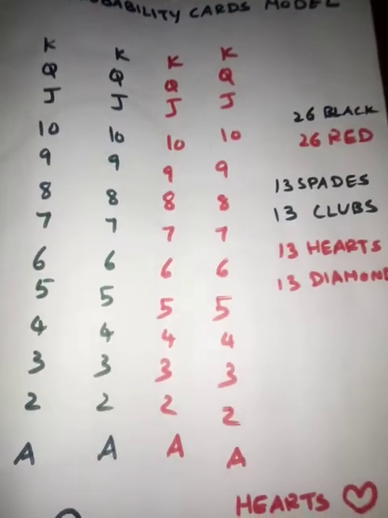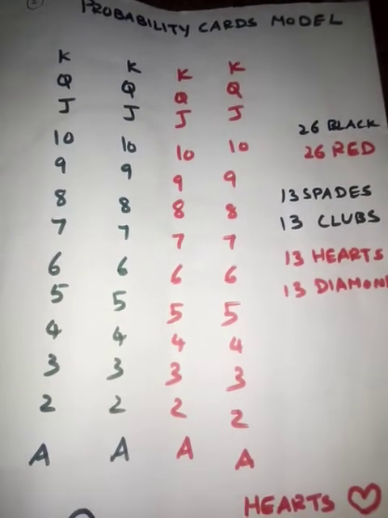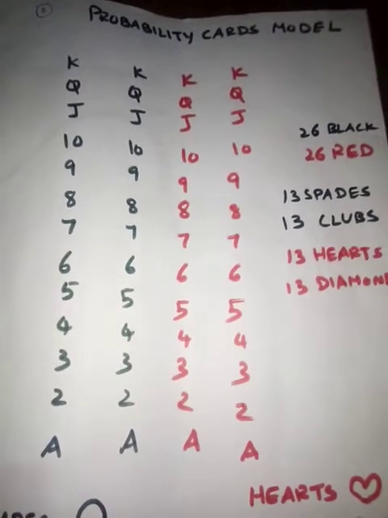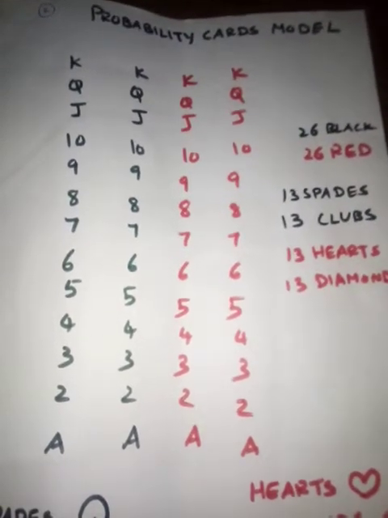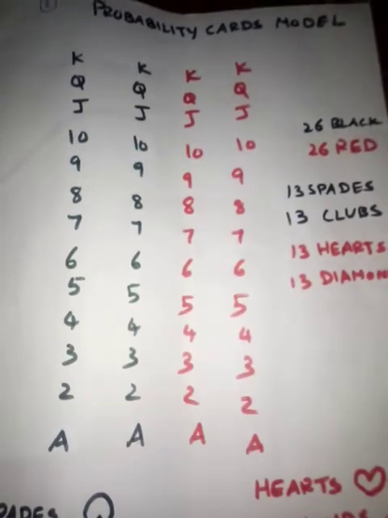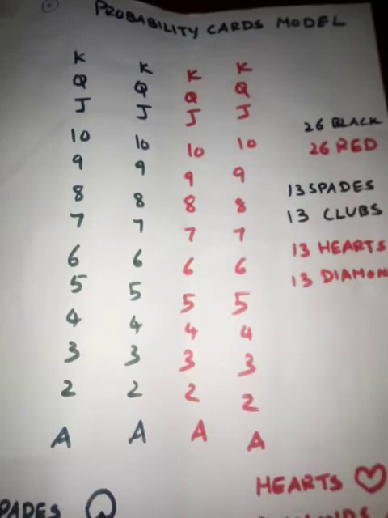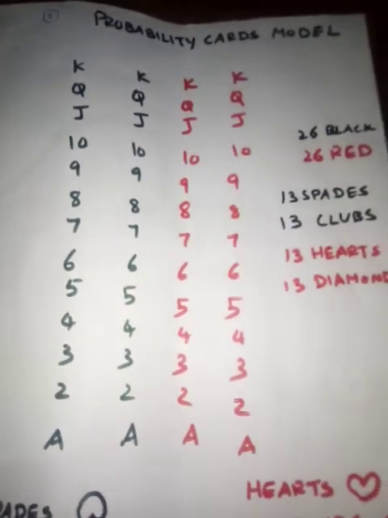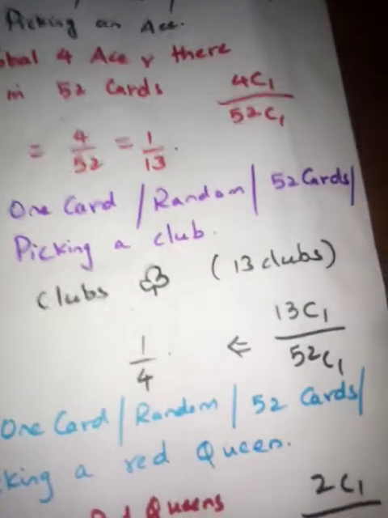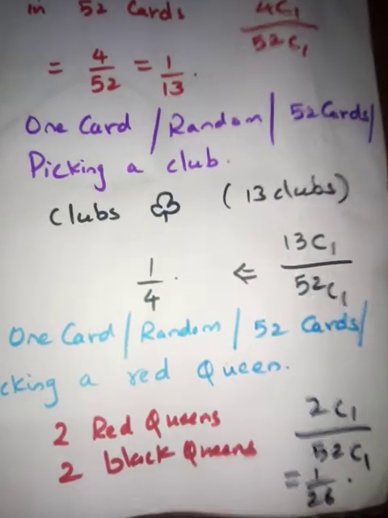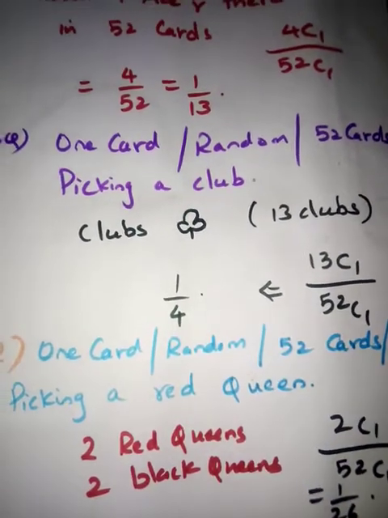He's asking only for red color, and in these 26 red cards, only for queens. So the denominator will be as usual 52C1, that is 52. The numerator will definitely be 2C1. That is nothing but 2 by 52, that is 1 by 26.